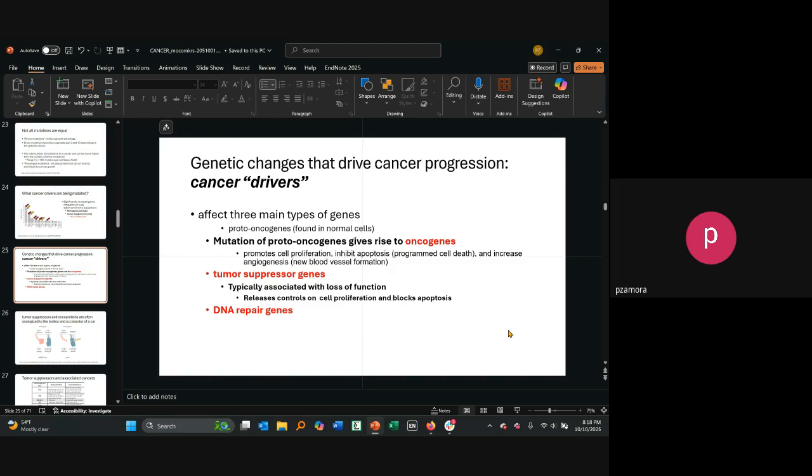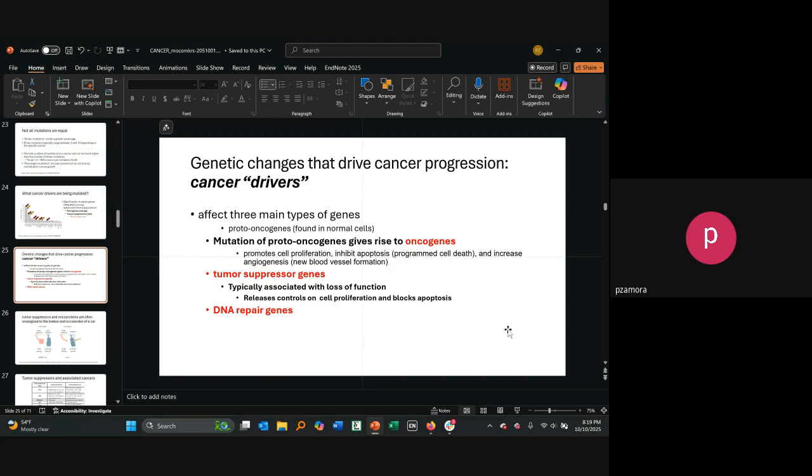So when we talk about cancer drivers, what are we really talking about? We're talking about oncogenes, tumor suppressors, and DNA repair genes. So to start with, I want to start with a proto-oncogene. A proto-oncogene is a gene that is found in normal cells. When it is mutated, it gives rise to an oncogene.